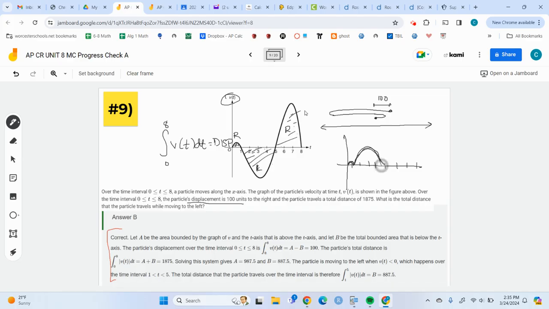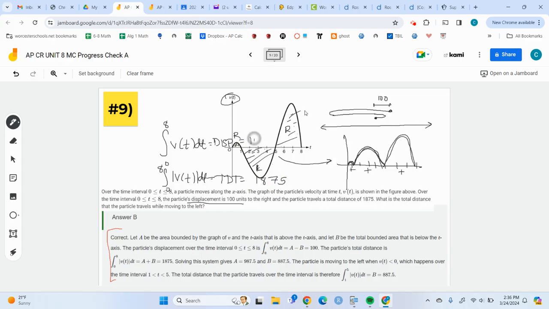It's reflected above, and this one stays as it is. This is a rough sketch, but now all my movement is positive. So to go from here to here, I took the absolute value of the graph. Visually, it's the absolute value of velocity, and that gives you total distance traveled, which is 1875.